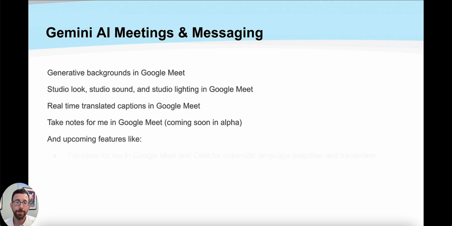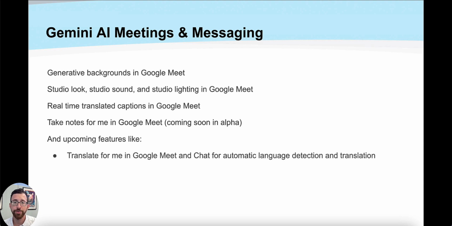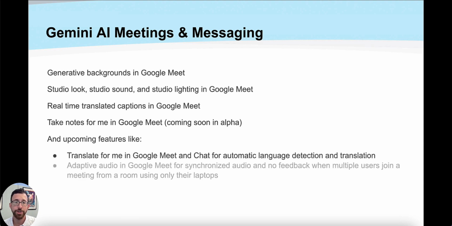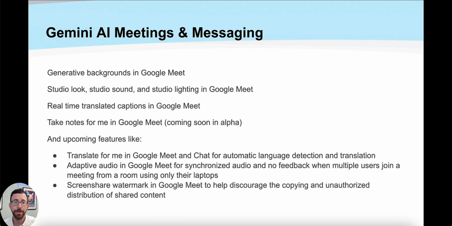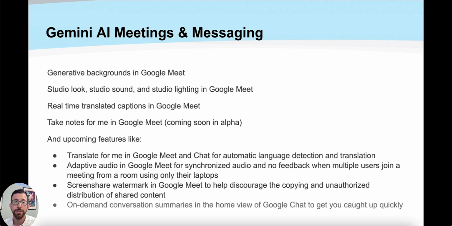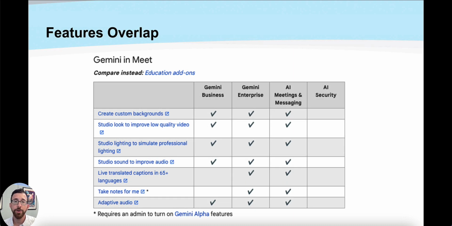And then more upcoming features, doing that translation, automatic language detection, some adaptive audio depending on the different feedback that's going on within the meeting, screen share watermark to discourage copying and unauthorized distribution, and on-demand conversation summaries in Google Chat.